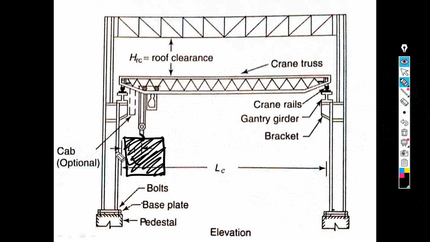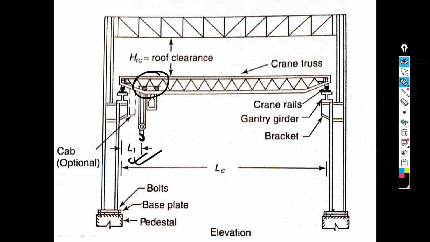The load may collide with the column. So L1 will be there, it cannot be 0. We cannot decrease L1 beyond the specified value. This is for safety. And this is the trolley.